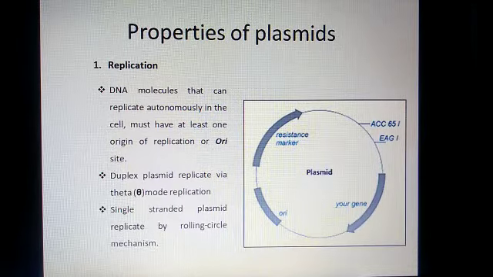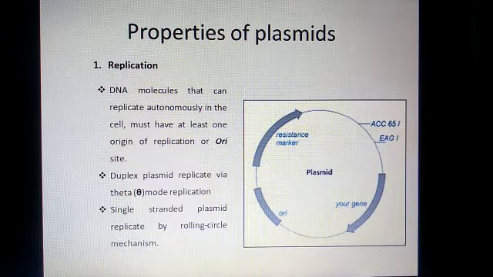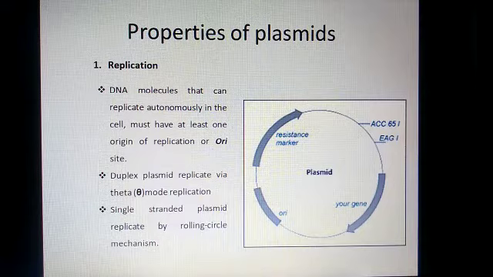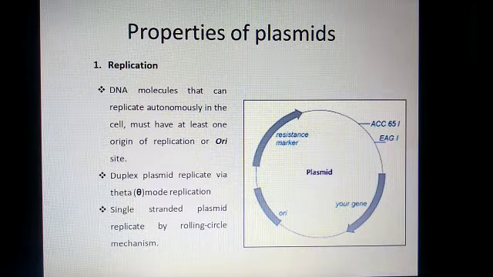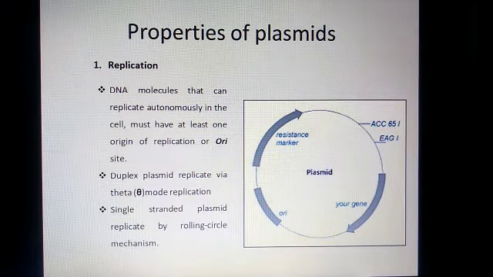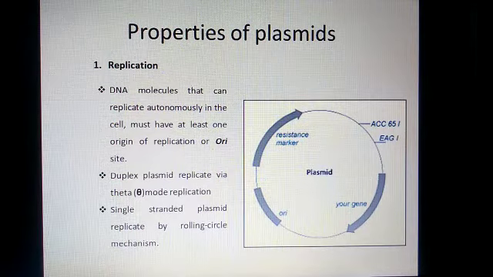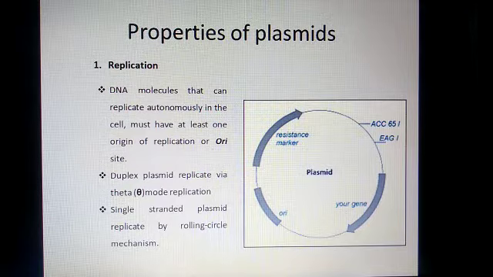To be a replicon in a particular type of cell, a DNA molecule must have at least one origin of replication, or ori site, where replication can start. Some plasmids begin replication by theta mode. Other types of plasmids replicate by a very different mechanism called rolling circle replication.